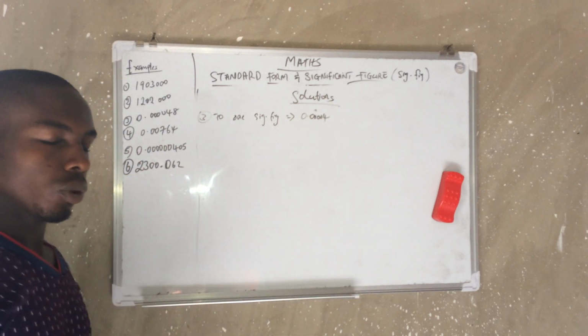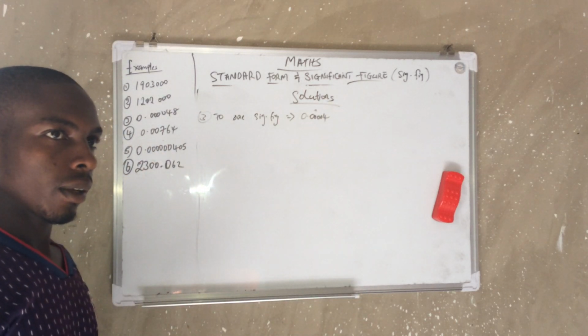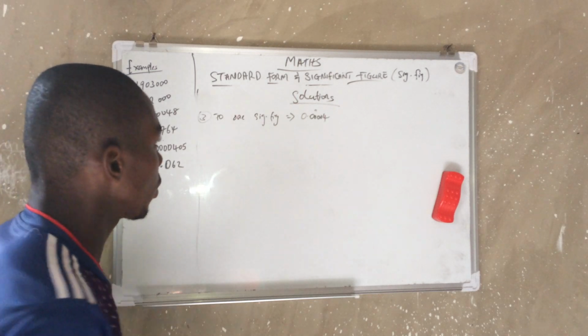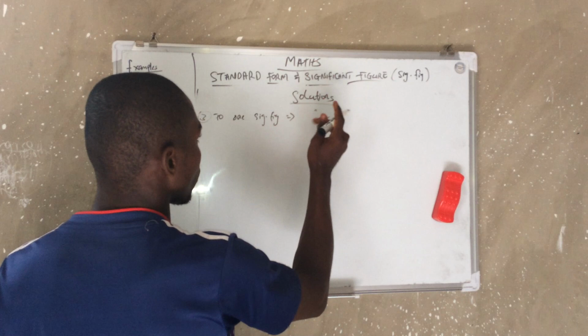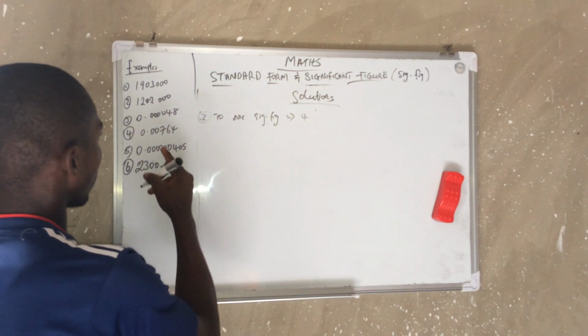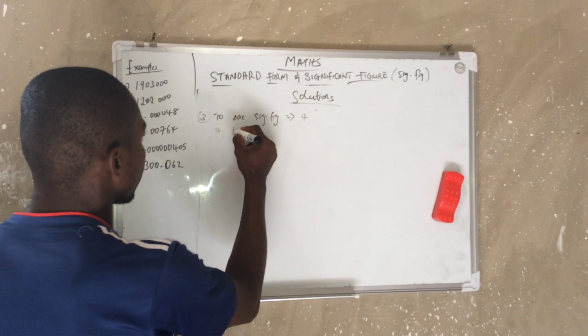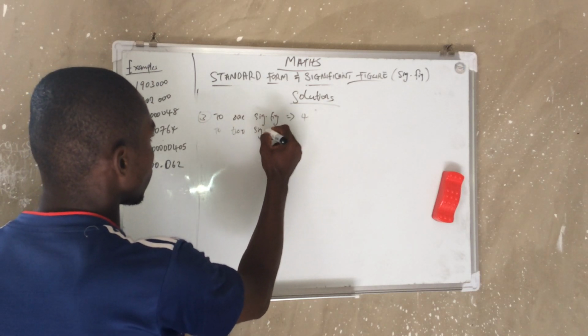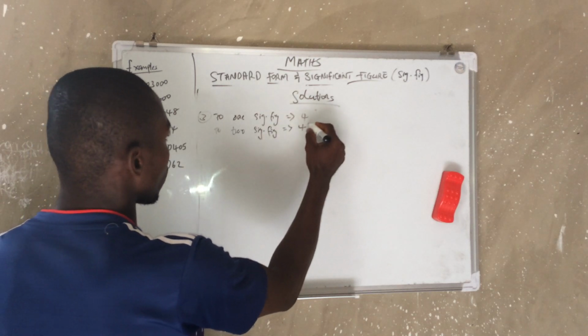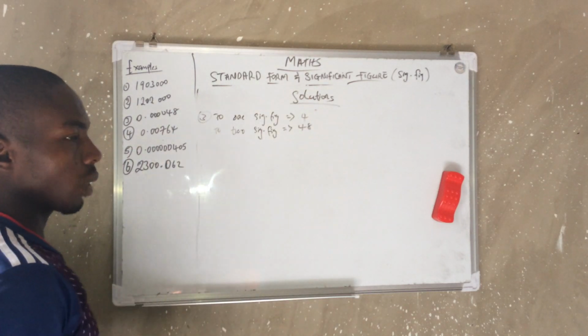What does rule number 1 say? All preceding zeros are what? Not significant figures. So this is off. 1 sig fig is 4. To 2 sig fig is what? 4, 8, and so on and so forth.